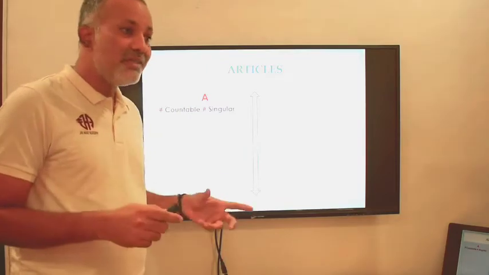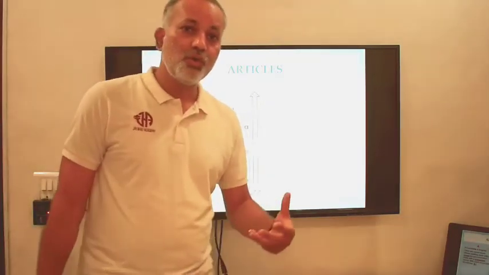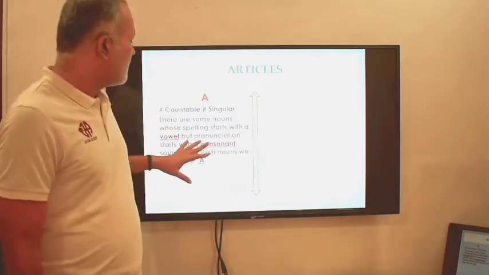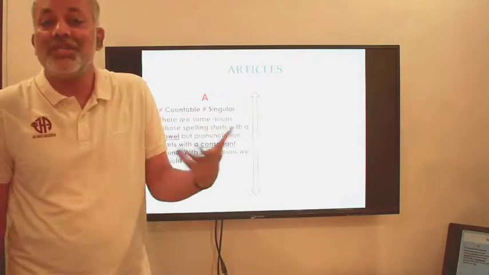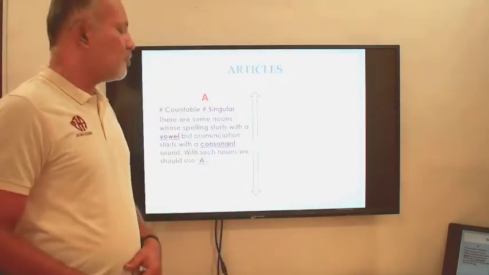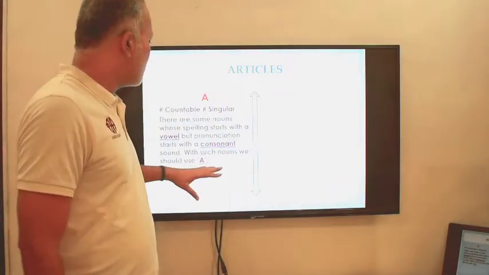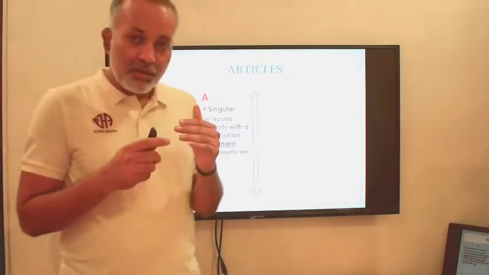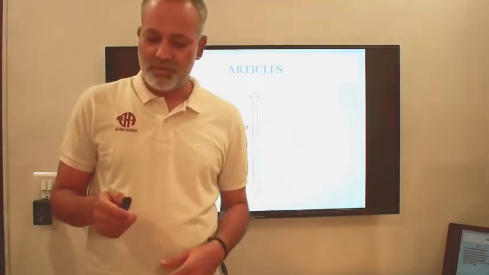Now you'll see that there are some nouns whose spelling starts with a vowel, जिसकी स्पेलिंग वॉवेल से शुरू होती है, but its pronunciation begins with a consonant sound. उसका प्रोनाउंसिएशन जो होता है वो कंसोनेंट साउंड से शुरू होता है. With such nouns we use a. Spelling starts with a vowel.